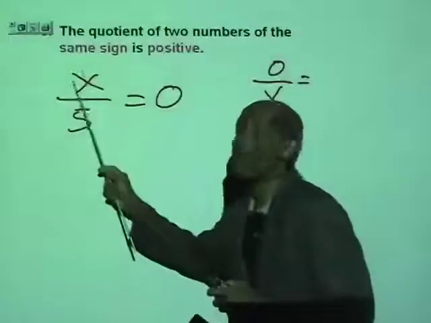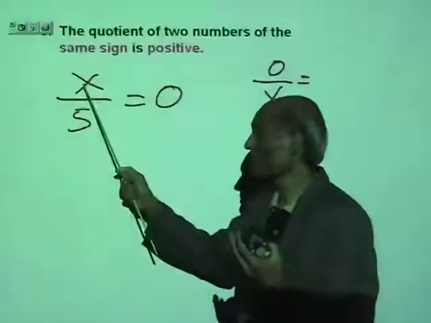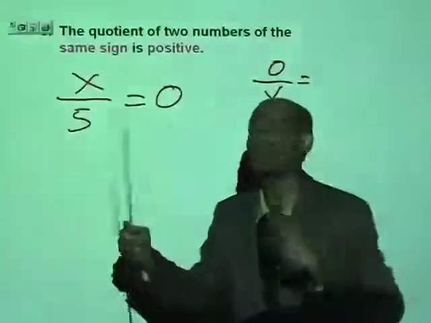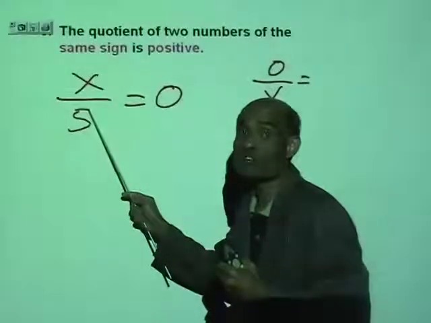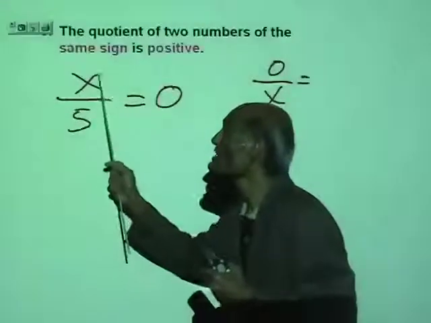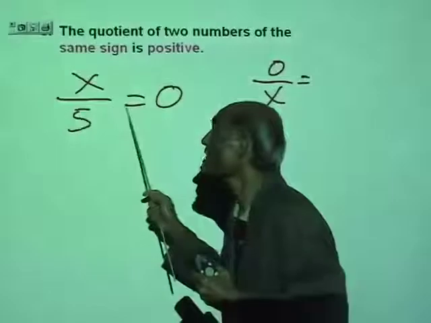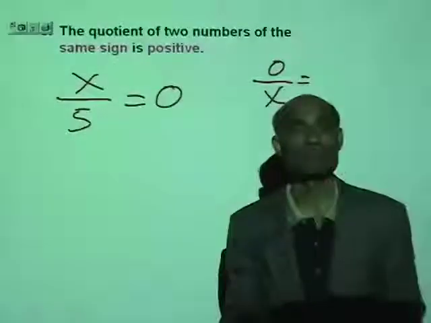The only way a rational number like this, a fraction, this is called a fraction, or a rational number, A over b, can be equal to 0 is that the numerator is 0. So if x over 5 equal to 0, it means x equal to 0.